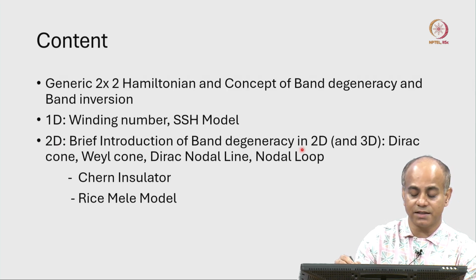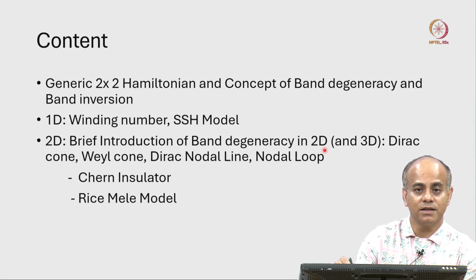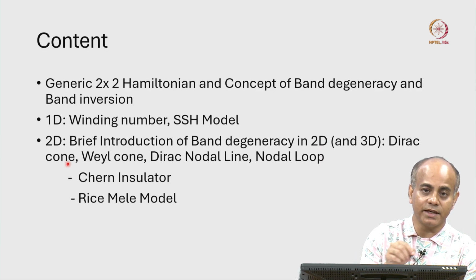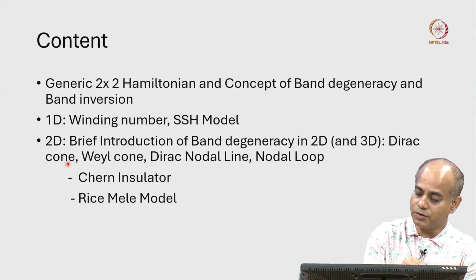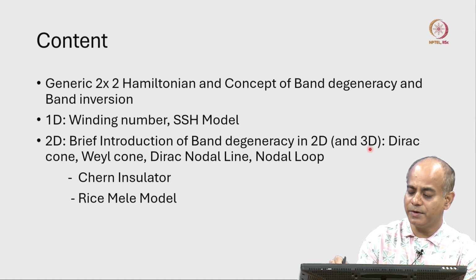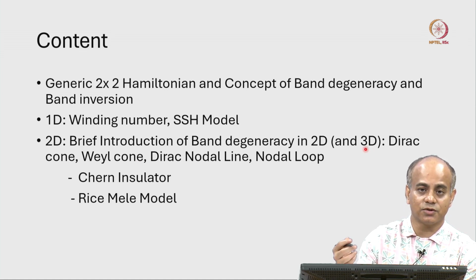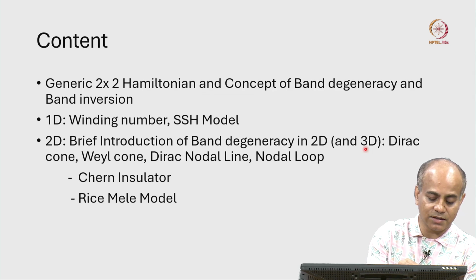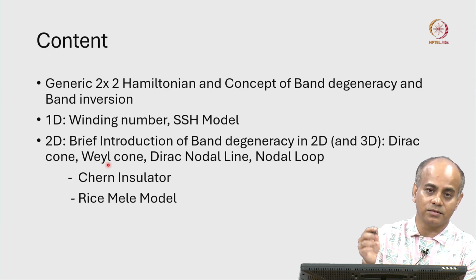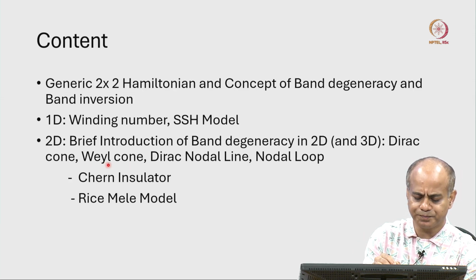the band degeneracy, in which the band degeneracy can happen at a single point in 2 dimension, which we will call Dirac cone, and we will generalize this a little bit to 3 dimension, just to give a primer of how things sort of easily extend to 3 dimension, but we will look at the 3 dimension separately.